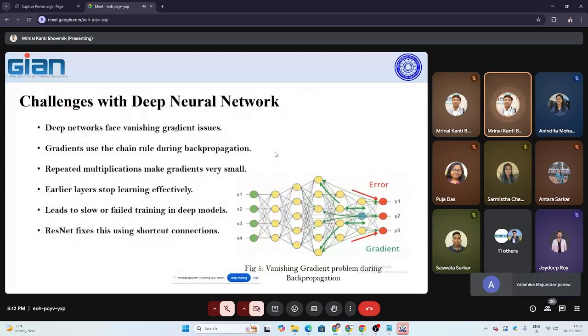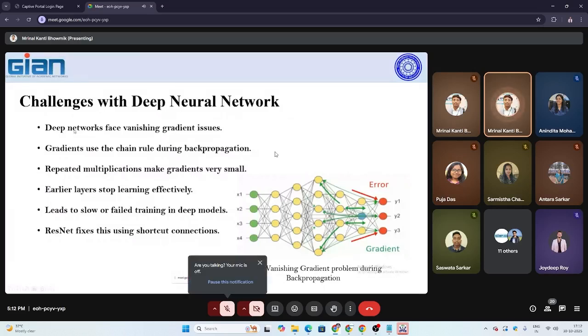So, what are the challenges with deep neural networks? Let's see why we use ResNet when we train a deep neural network. These are the problems faced in a deep neural network.